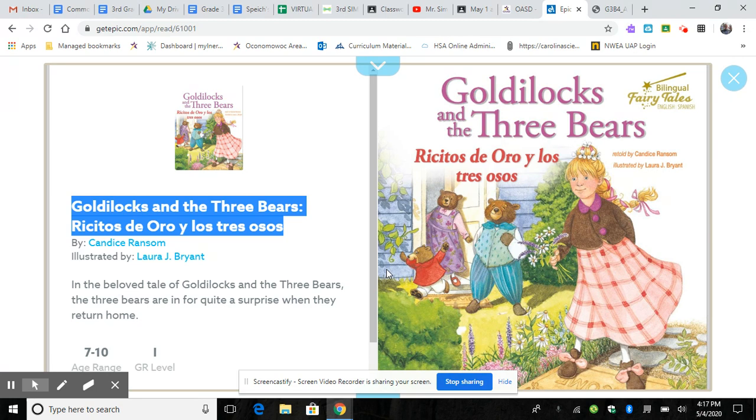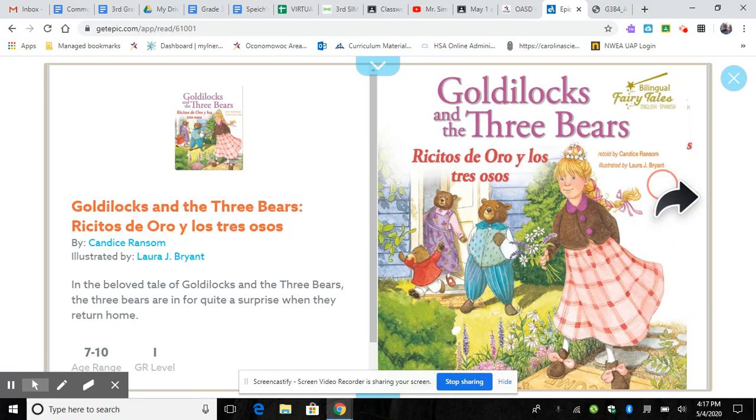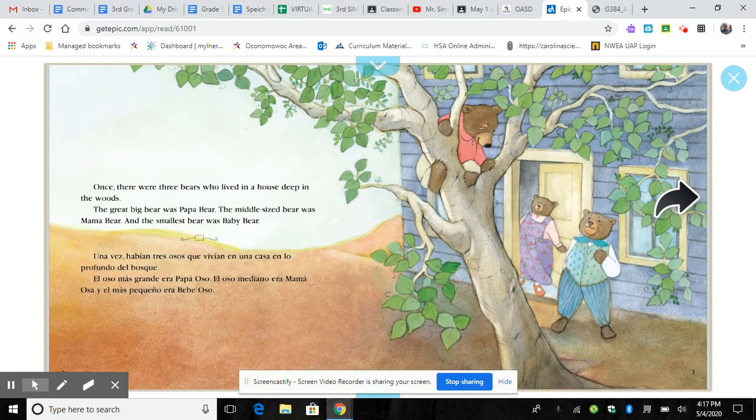All right. So what we're going to talk about first is maybe what the first scene is really. And then the first scene in Goldilocks and the Three Bears is talking about the three bears, right? They live in the woods, and it kind of tells us a little bit about what it is. Okay, so that's what our first scene is.